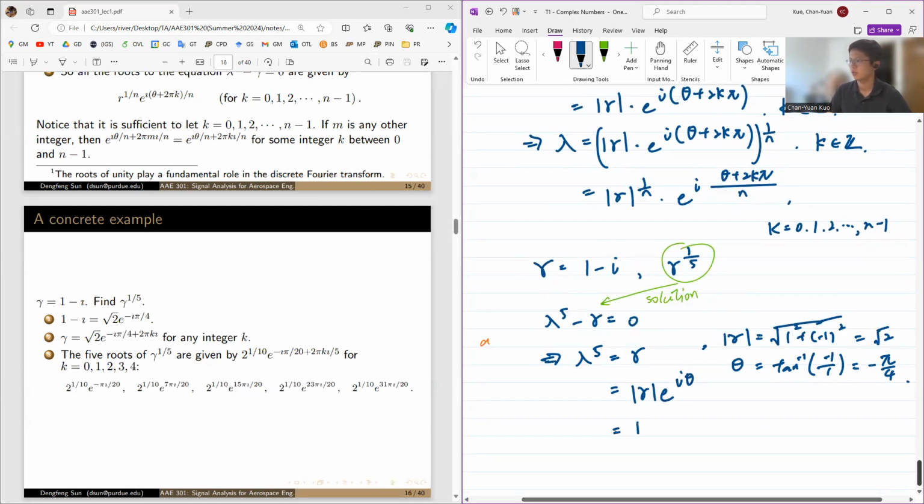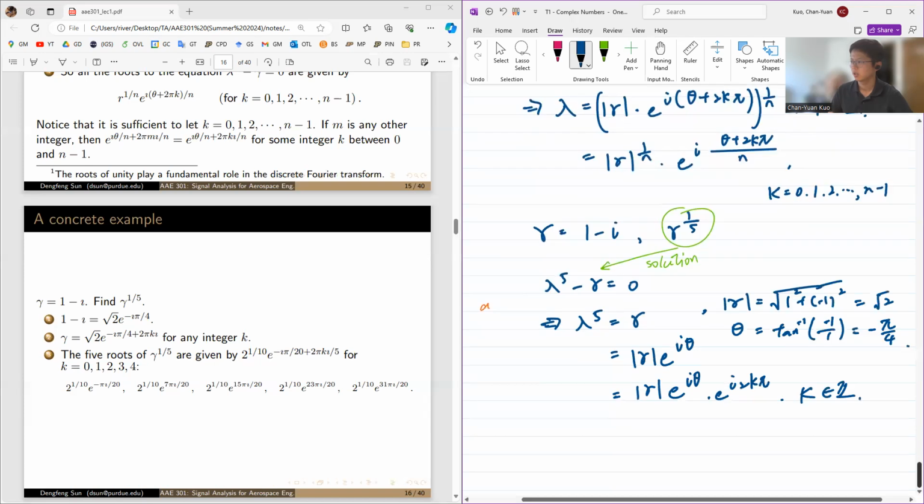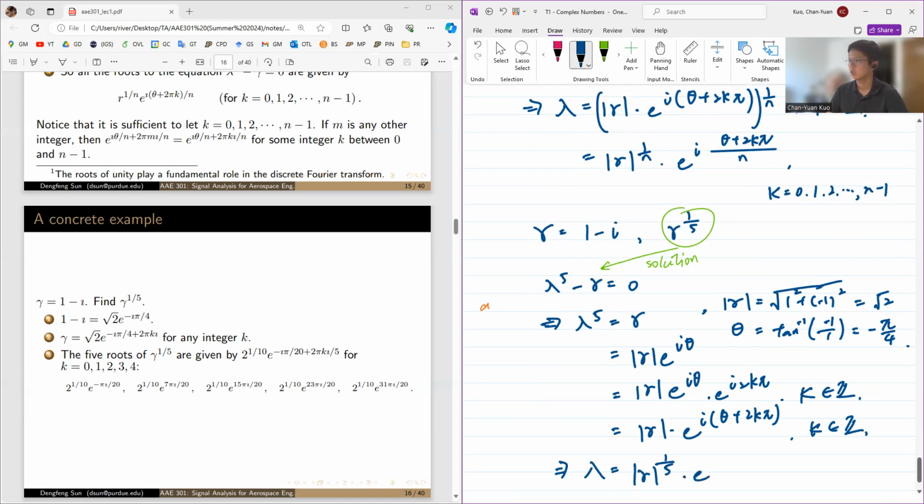Now we multiply this by e to the i 2k pi, where k is an integer, and we get gamma e to the i theta plus 2k pi. This implies that lambda is essentially gamma to the power of 1 over 5 times e to the power of i theta plus 2k pi over 5.